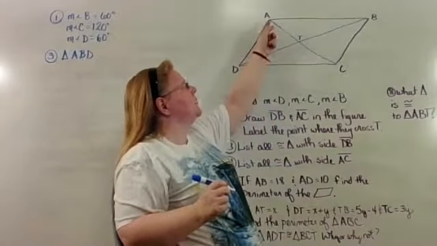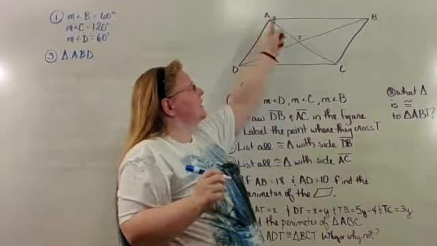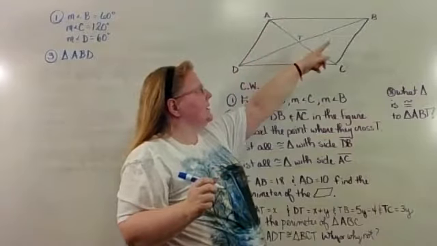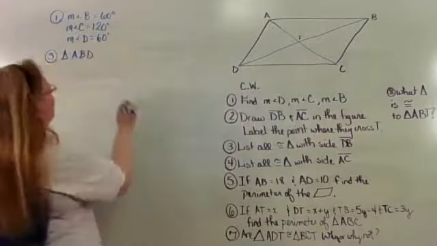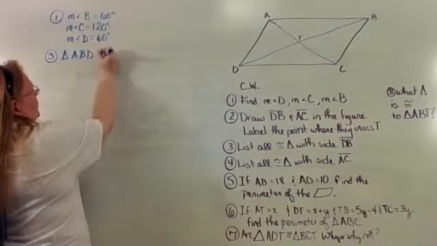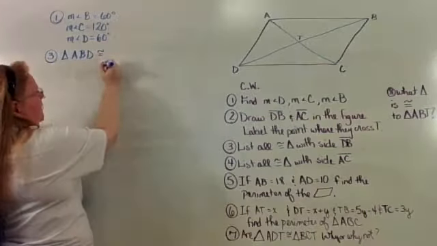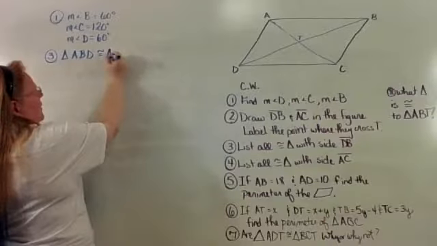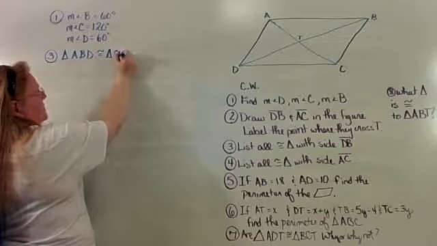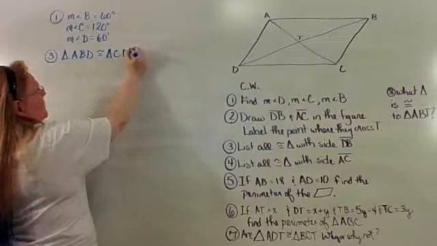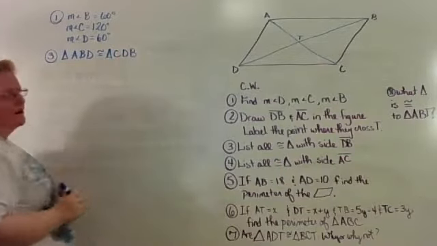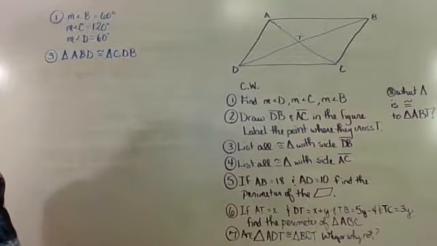So from obtuse angle to teeny tiny angle to middle angle. So that has to be congruent to triangle obtuse angle C, teeny tiny angle D, middle angle B. Make sure you get them in the right order. Otherwise, it doesn't count.